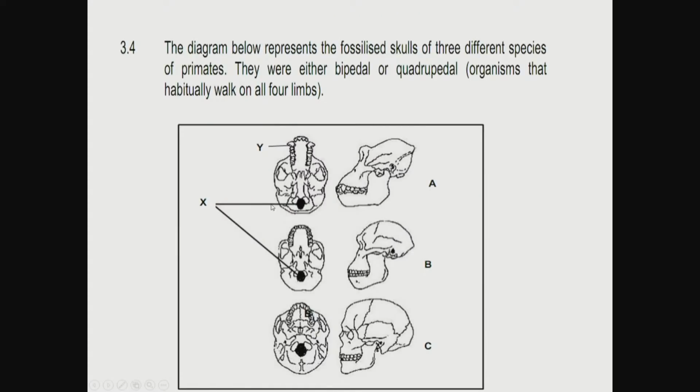There's a typical question. They ask, what is this called? That is called the foramen magnum. Make sure of the spelling of this. And then they will ask differences and which one is bipedal and which one is quadrupedal. So the foramen magnum is more at the back and it moves more forward under, or below, the skull.